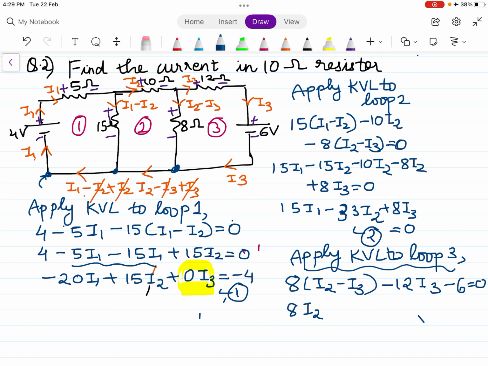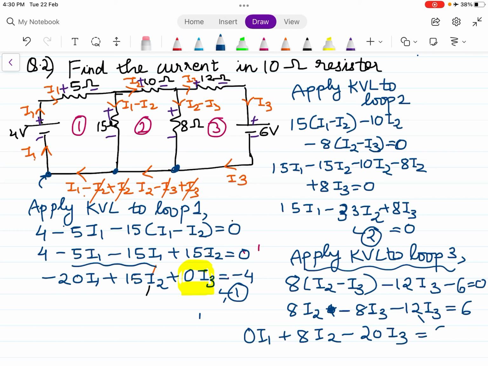So 8 I2 minus 8 I3 minus 12 I3 equal to 6. So 8 I2 minus 20 I3. Okay, here I forgot 0 I1, equal to 6. This is my equation number 3.